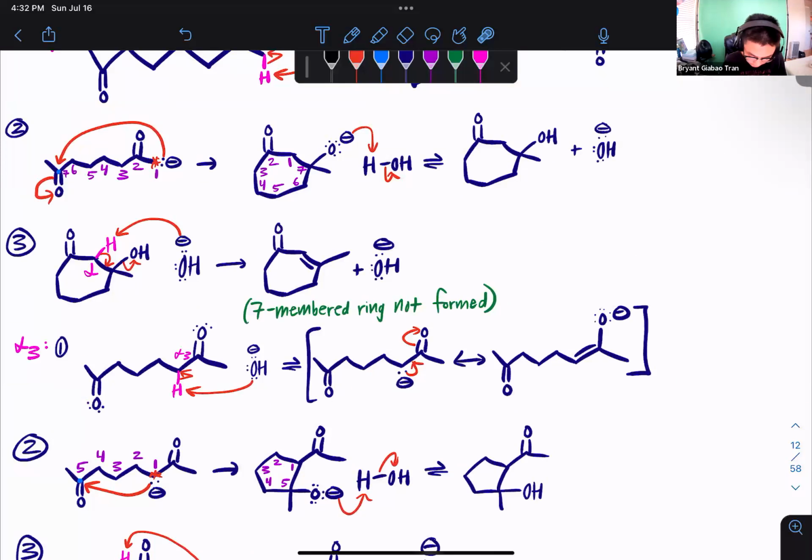And for problem 19.20, this is showing you a crossed Aldol condensation or reaction problem. They want you to draw all 6 possible Aldol products. The way I do this without drawing the mechanism, as a shortcut, is to figure out what my nucleophiles are first.